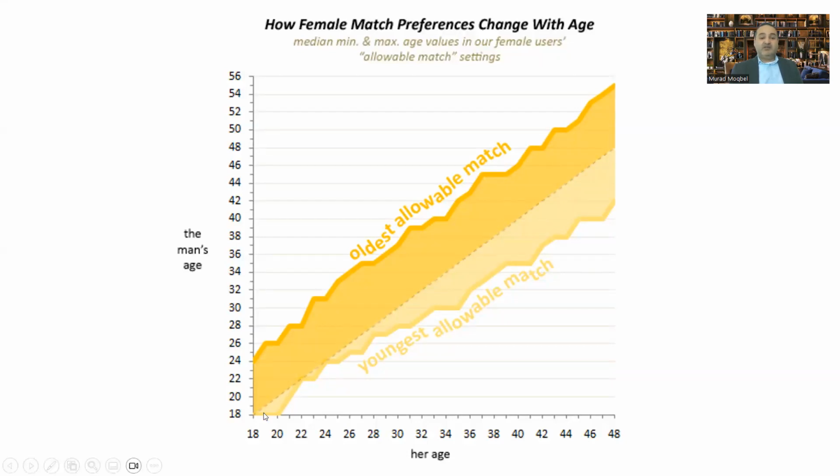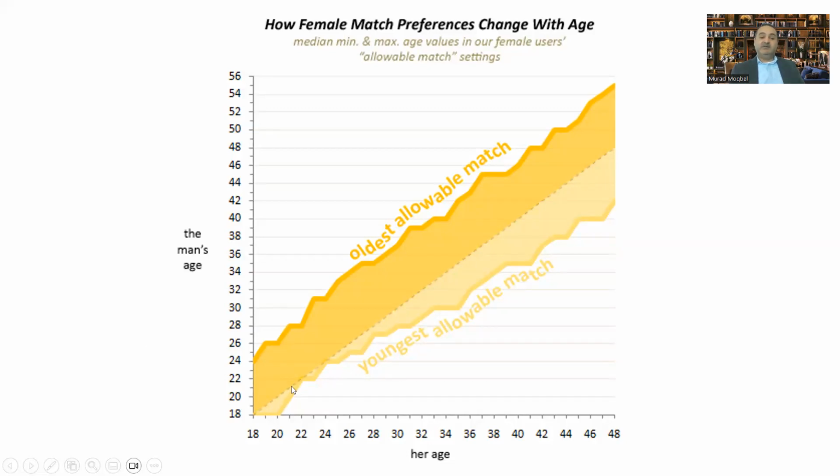As you can see here, the dotted line is the age of the females, and the yellow bars represent the range of the allowable age of the males that they prefer to date.